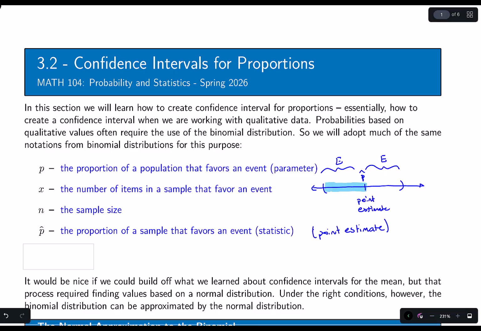So these values right through here are the confidence interval itself, the range of values that we expect the population proportion to exist on with some given level of confidence. Ultimately, we're going to need to know how to compute that margin of error in terms of qualitative values or having proportions involved. And so that is our goal here.